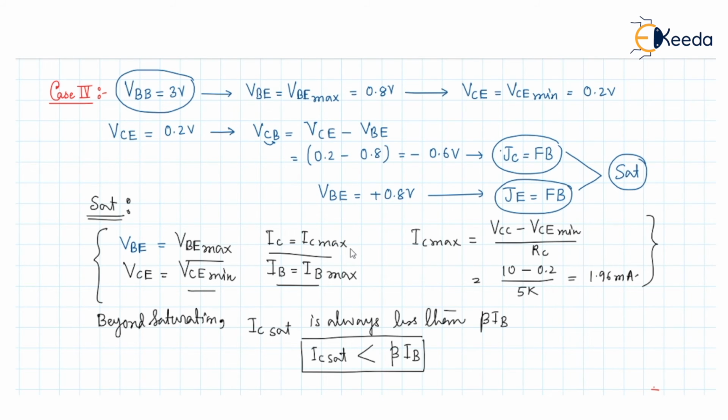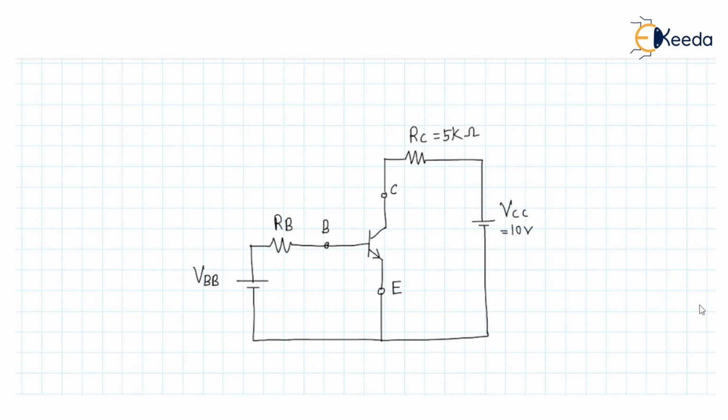So if we conclude the whole cases in a single circuit, then it will look like this. So this was our circuit. If we write the conclusion of all the cases, then the conclusion will look like this.